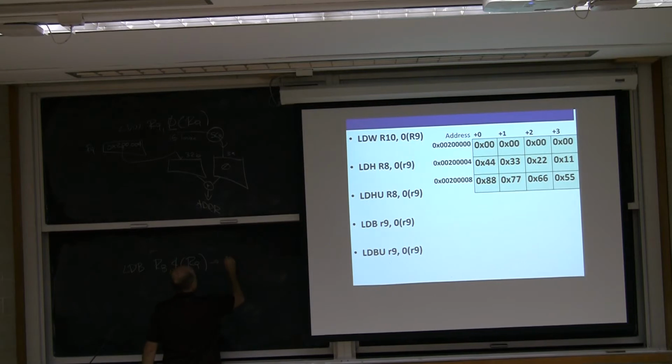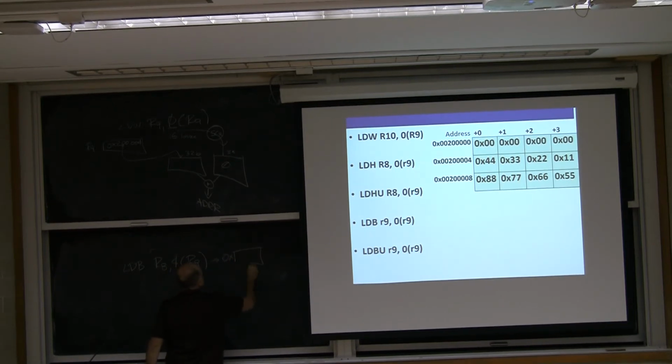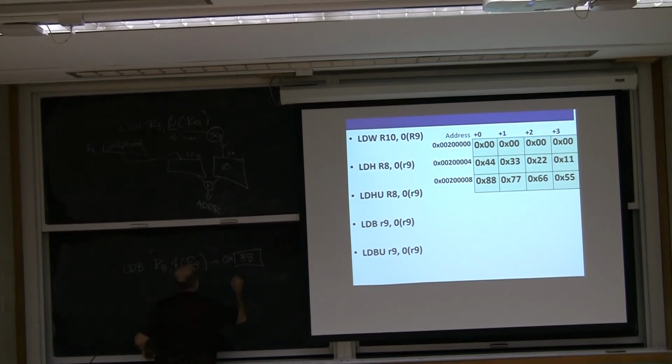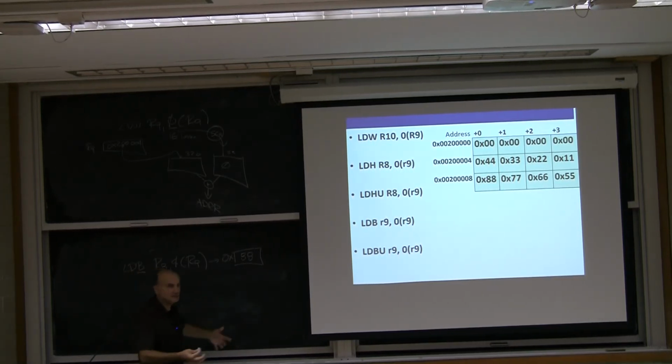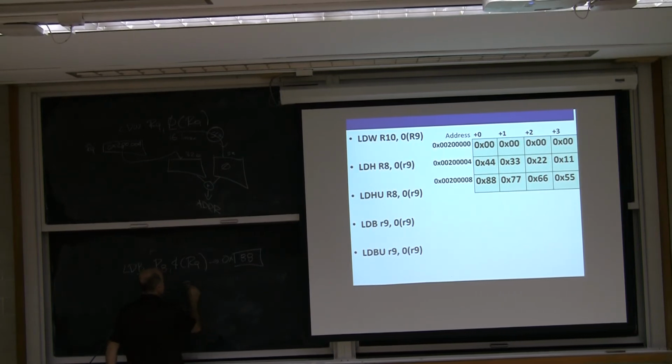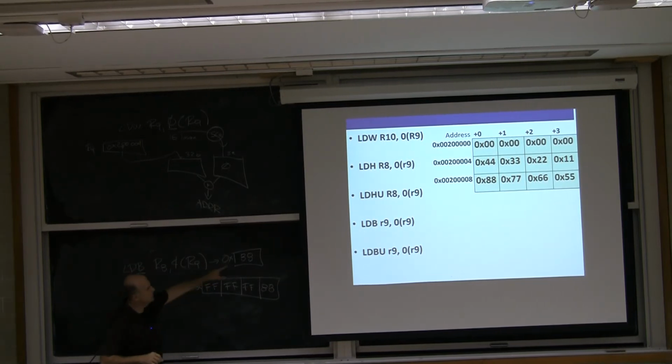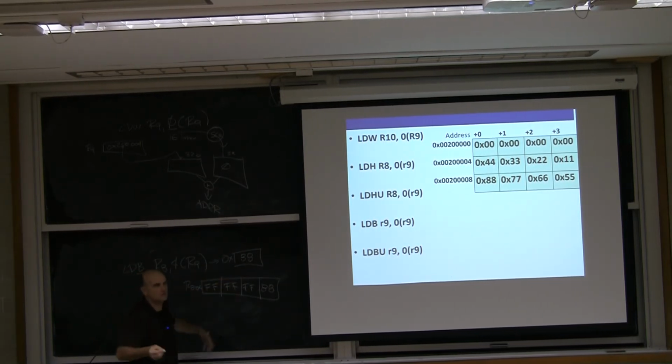From memory, we're going to get this number. Notice I said byte, okay? What's going to happen now is this is going to be sign extended, and what you're going to get in R8 now is this. 88. Okay, why? Because if you were to write this in binary, it's 100100.